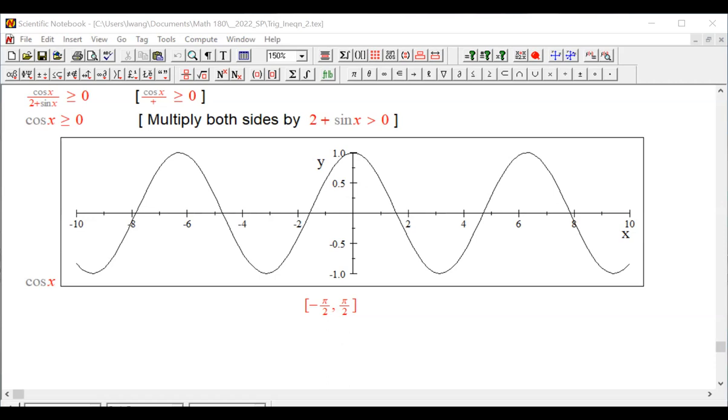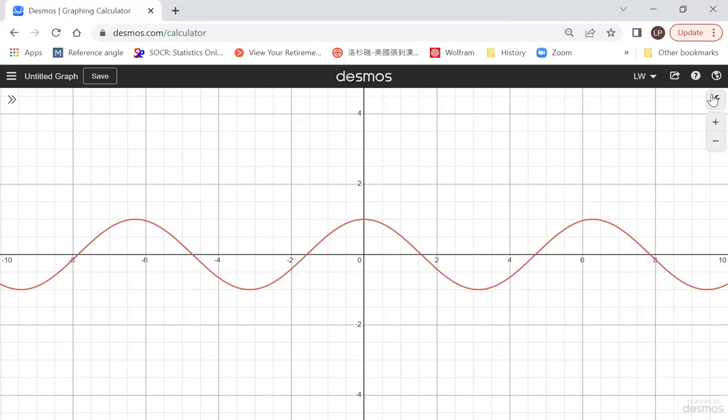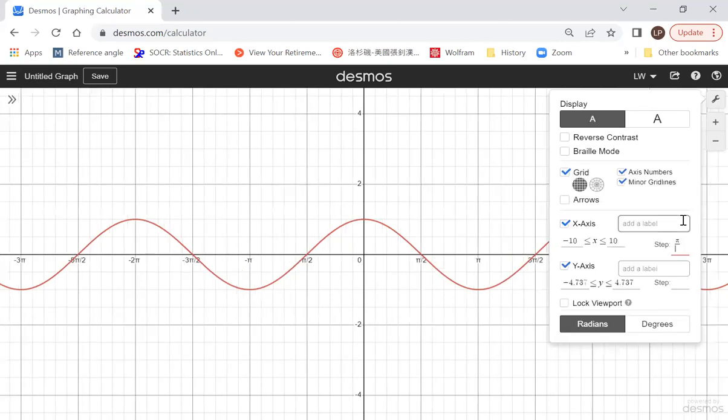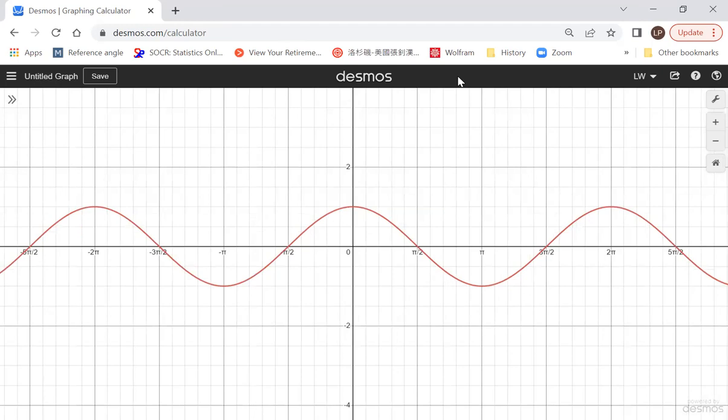Okay, so I'm going to bring this Desmos in front of you and share the screen. Cosine x. The convenient thing about this graph is that you can use it to identify points. It's the same idea, it just makes it easier to identify them.